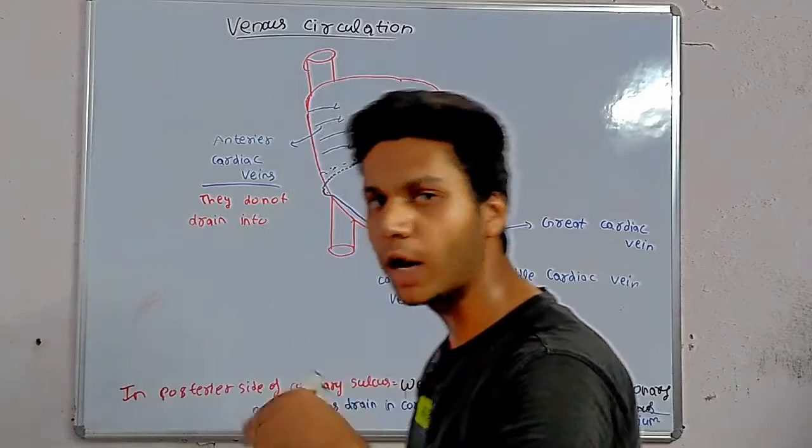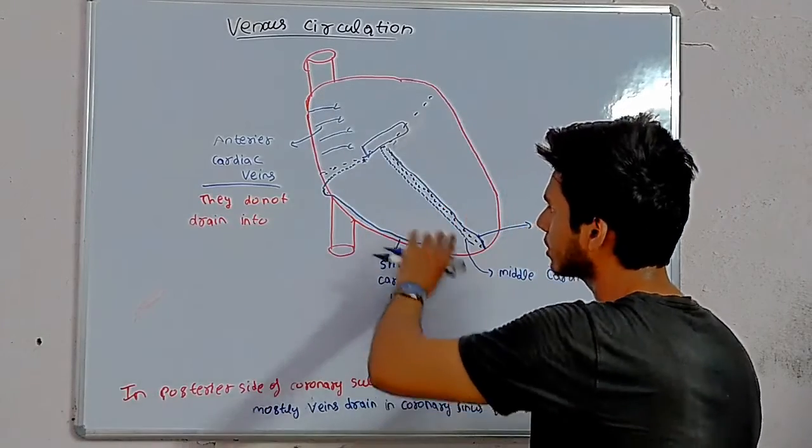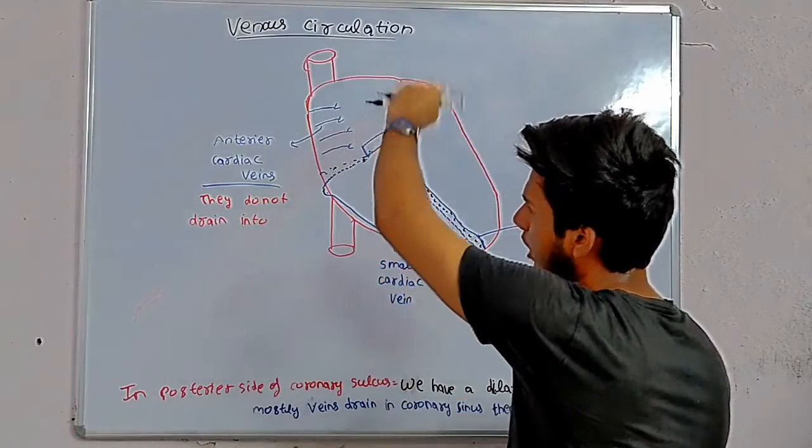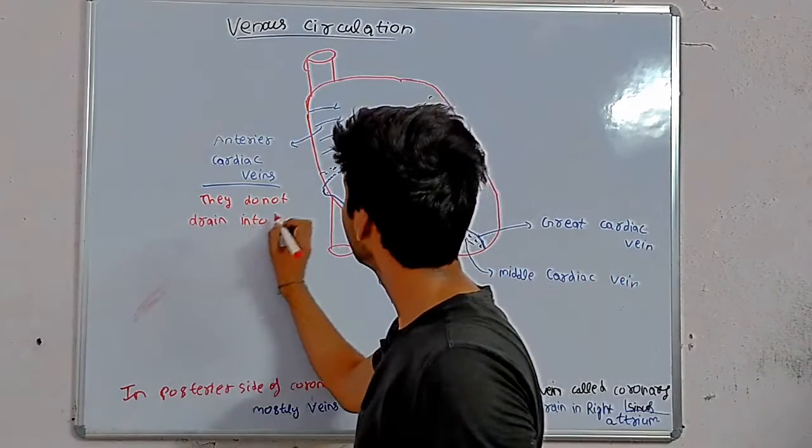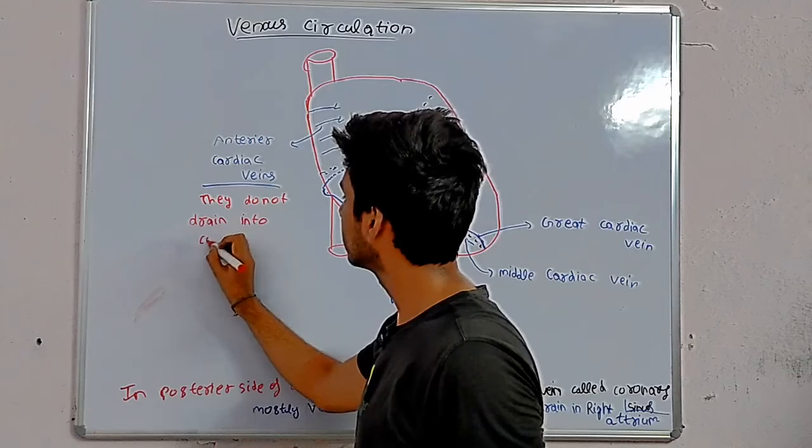They directly drain into the right atrium, instead of into the coronary sinus.